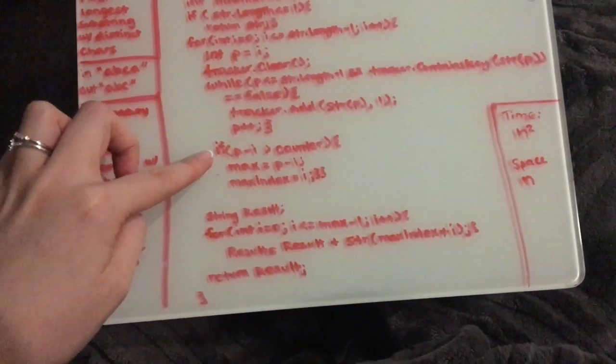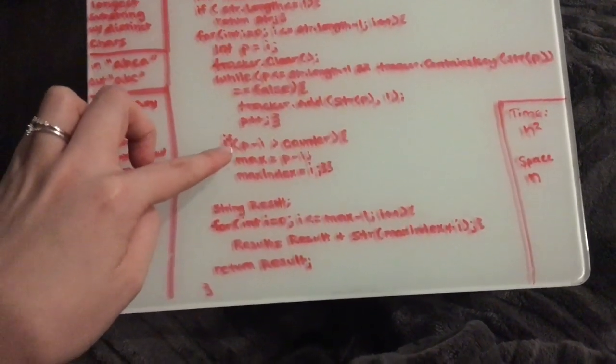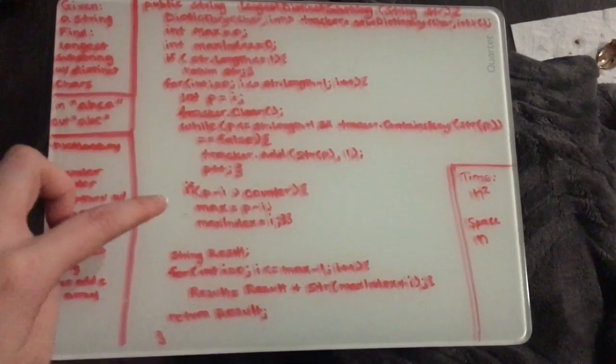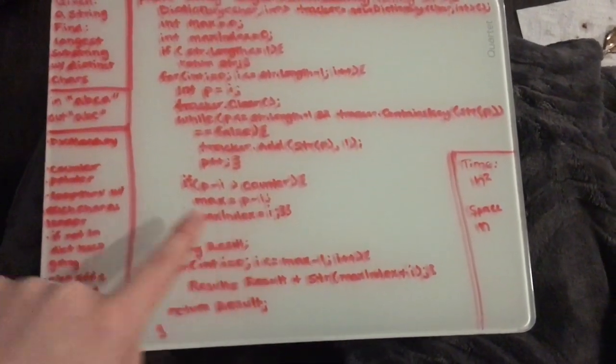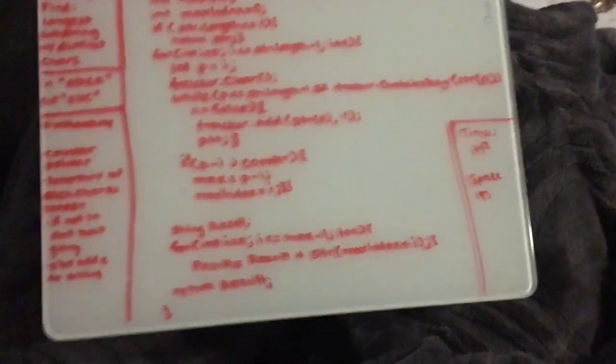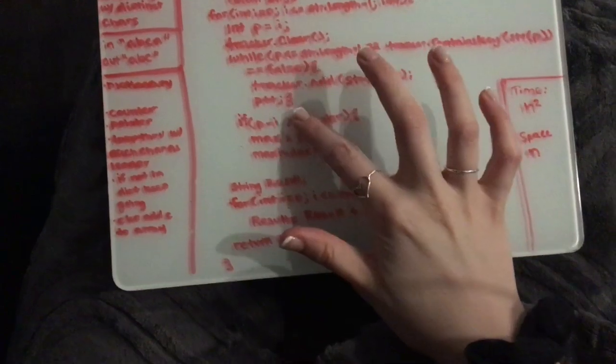When it breaks out, if the pointer minus the current leader index is greater than the counter, then we'll make the max, not greater than the counter. I changed names.